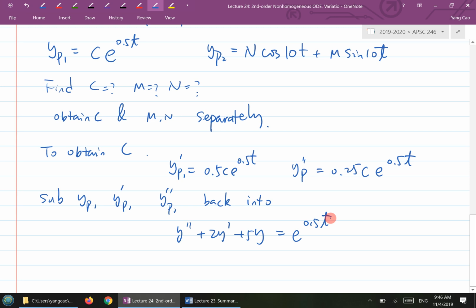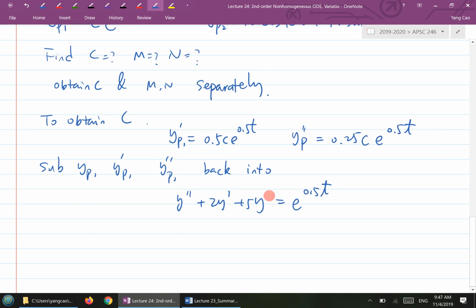Now you see the difference. I'm not including the sinusoidal for my substitution. I'm only including this e to the power of 0.5t here, because they're completely different forms. You substitute here and solve for c. Your c can be solved, which is, actually not approximate, I think it's going to be an exact value, 0.16, once you substitute back into this equation.